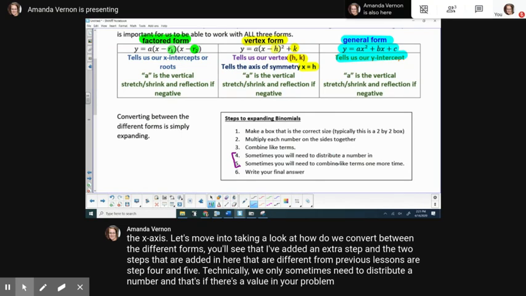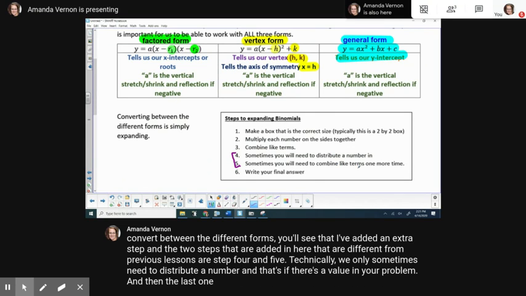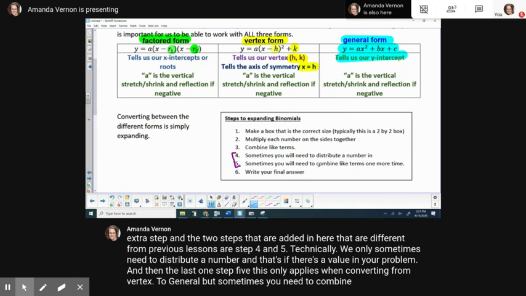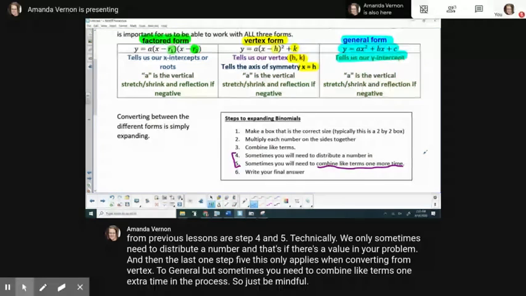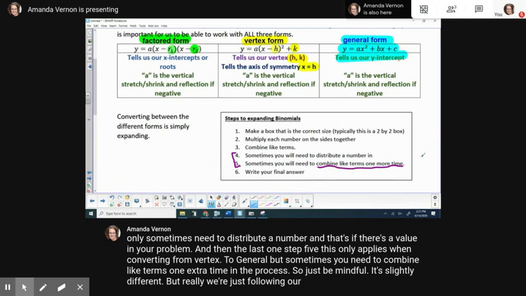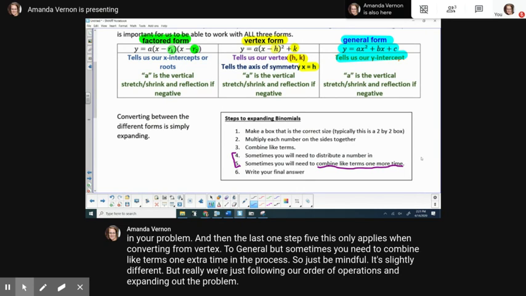And then the last one, step 5, this only applies when converting from vertex to general, but sometimes you need to combine like terms one extra time in the process. So just be mindful, it's slightly different, but really we're just following our order of operations and expanding out the problem. Let's go ahead and take a look at our first example.